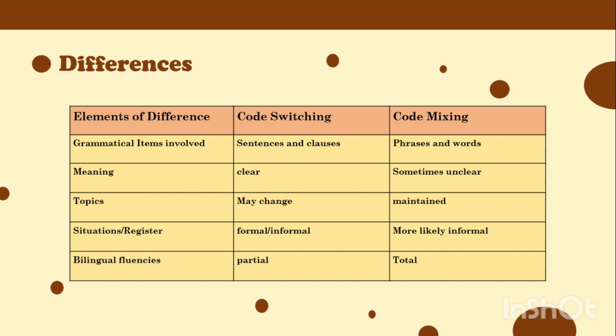According to the topics, code switching may change, but code mixing is maintained. Now, according to situations or register, code switching is formal and it can also be informal. Code mixing is more likely informal. Finally, the bilingual fluencies. Code switching is partial. However, code mixing is total.